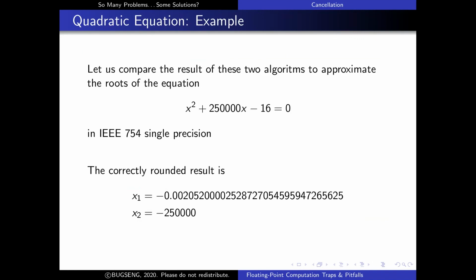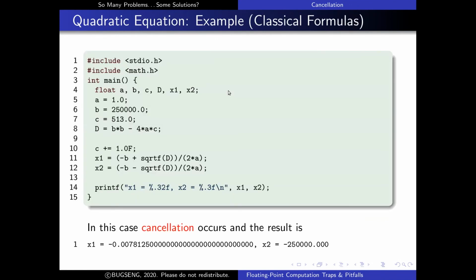So suppose the equation to be solved is this one. Okay. So in IEEE 754 single precision, the correctly rounded result is that we have 2 roots. x1 is this, and x2 is this. Okay.